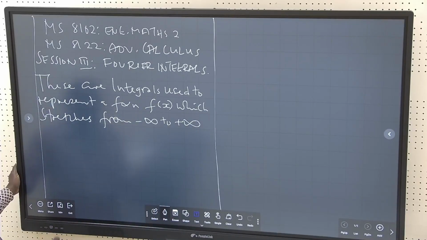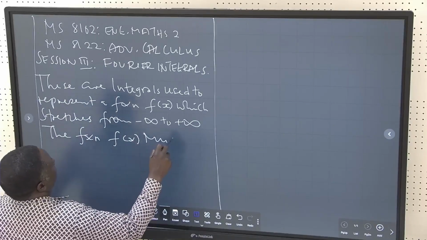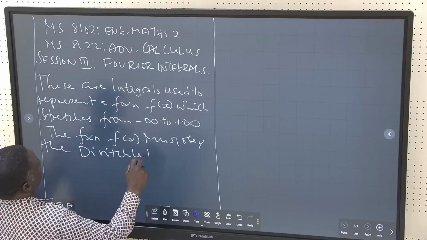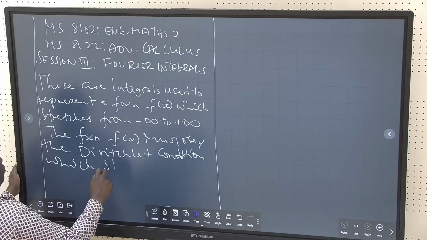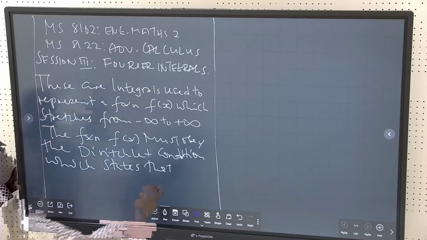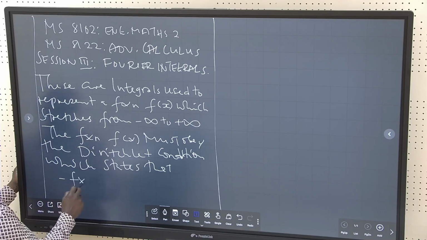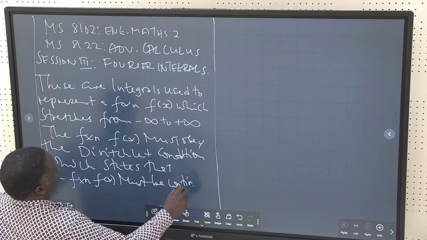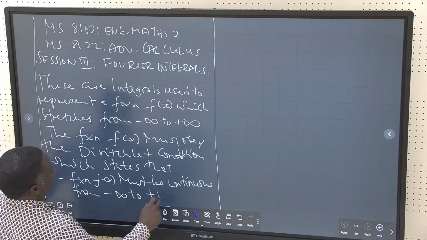The function f of x must obey the Dirichlet conditions, which state the following. The first one: the function f of x must be continuous from negative infinity to positive infinity.